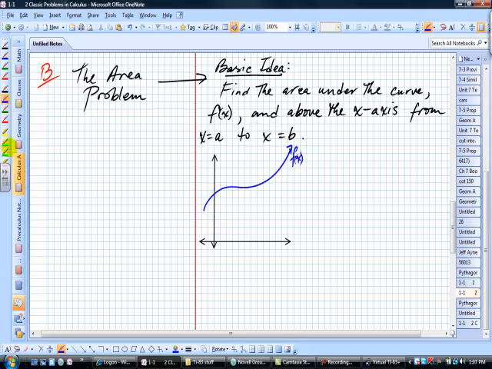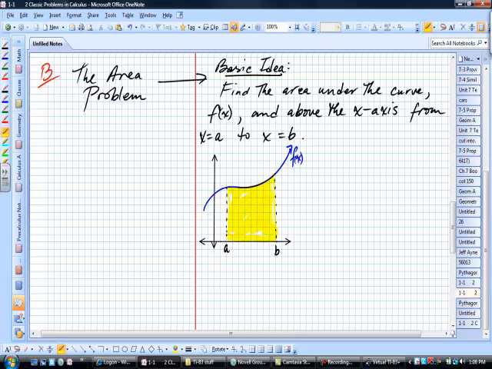Now let's say that a is here, and b is here. A and b can be anywhere on the x-axis. These are x coordinates, obviously. And let's suppose we want to figure out the area from a to b above the x-axis and below the curve. So I'm talking about this area right here. All that area in there.